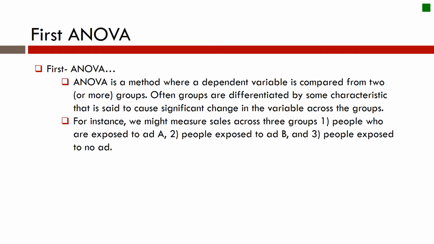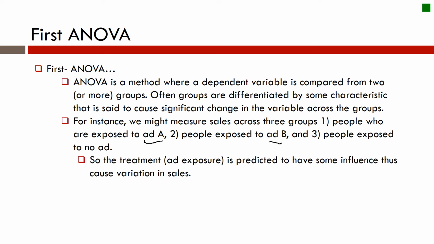Here's another example. If we use sales across three different groups, and we had one group that was exposed to an ad, ad A, a second group that was exposed to another advertisement, ad B, and a third group that was exposed to no ad, then we would want to test whether the people responded differently in terms of sales.